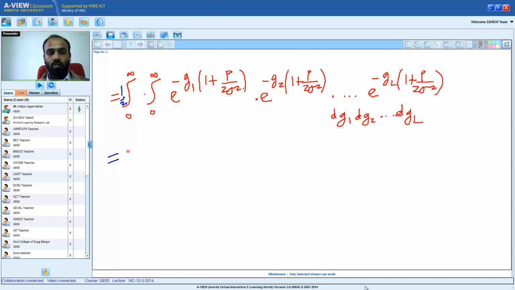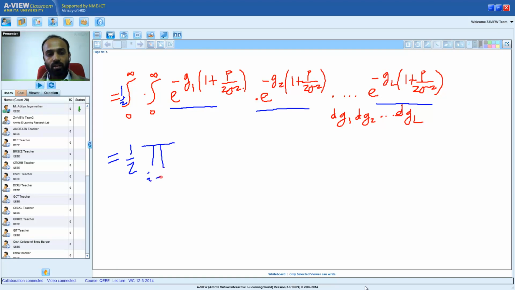And this now, we said this can be split into the product of, because this is a product of factors which depends only on g1, g2 and gL. I can split it into the product of L factors.